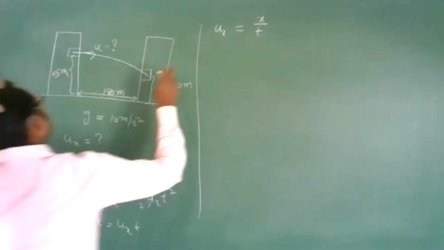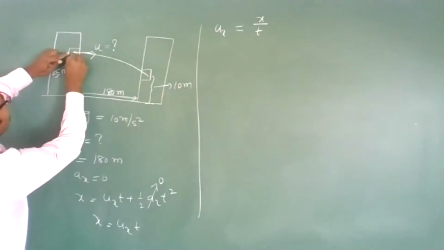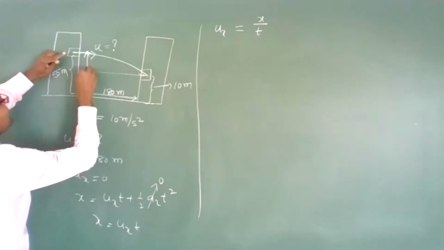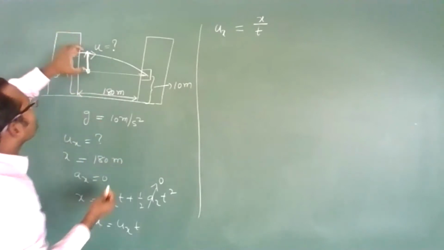So for finding time, see, from here it is projected, it has to come to this point. So vertically how much distance does it have to travel? This much distance vertically it has to travel.